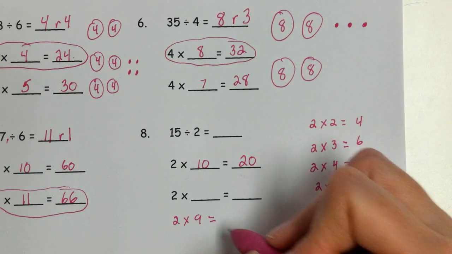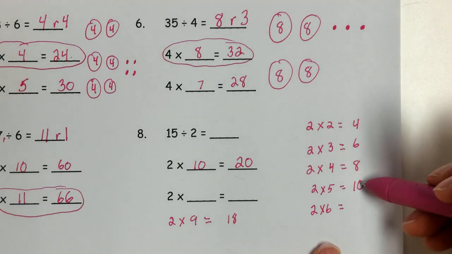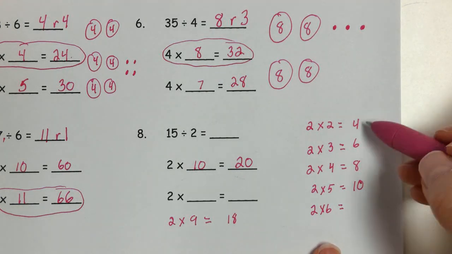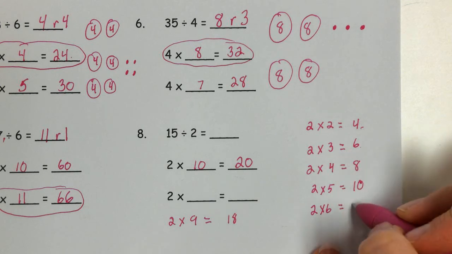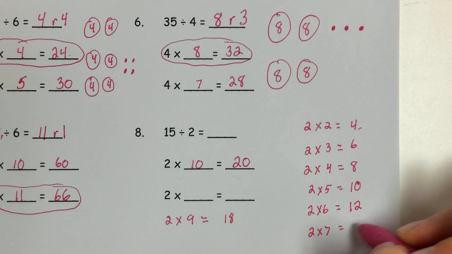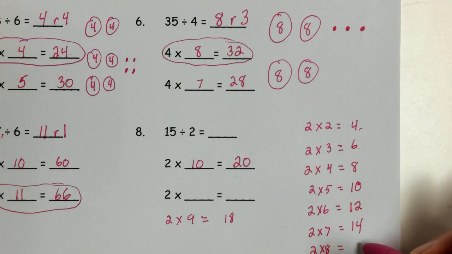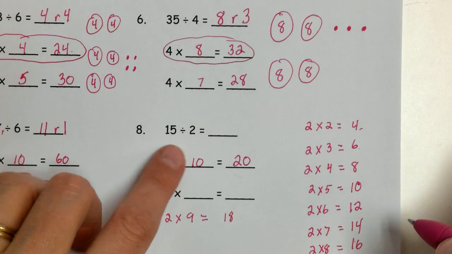No, that's 2 times 9. Oh. 2 times 6 is going to be 2 more than 10. 2, 4, 6, 8, 10, 12. What's 2 times 7? 14. 2 times 8? 16. Now that's too much.